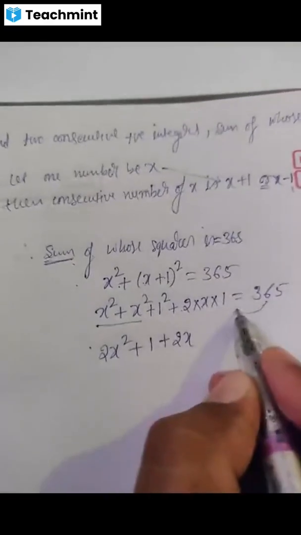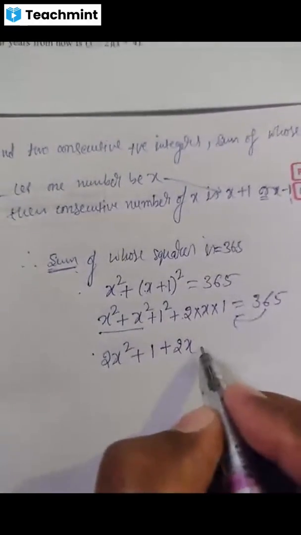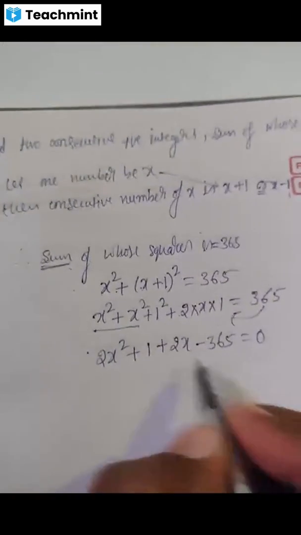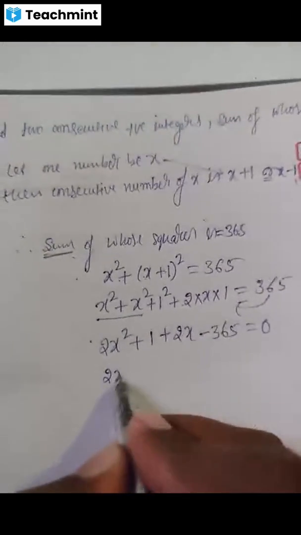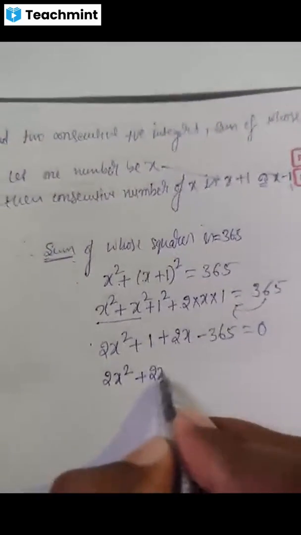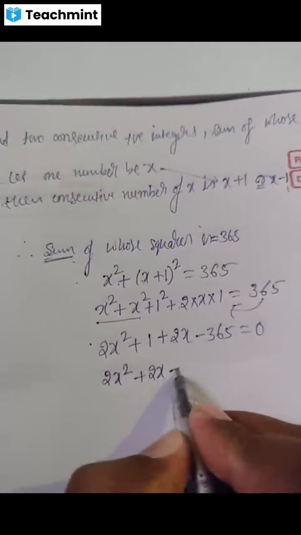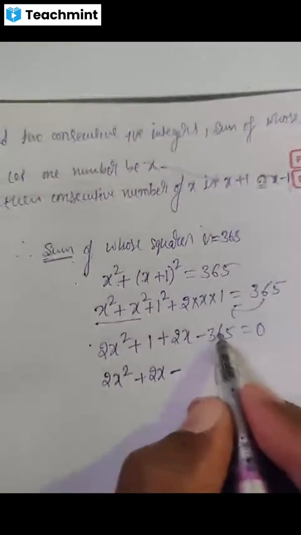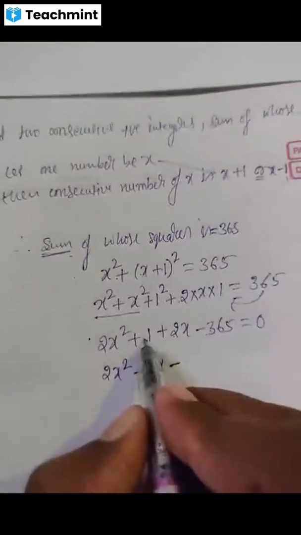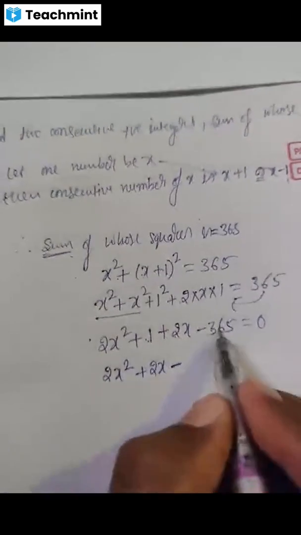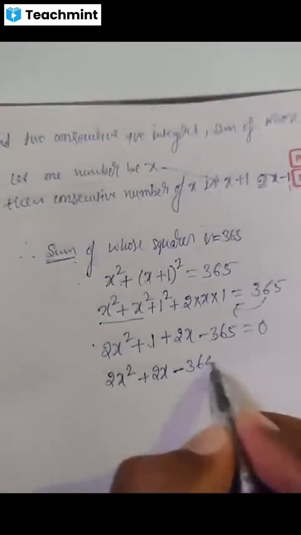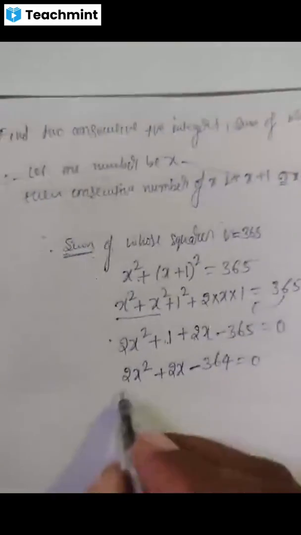If we bring this term to the left side, minus 365 is equal to 0. So 2x square plus 2x minus 365 plus 1. We subtract the smaller from the bigger: 365 minus 1 is 364, and the bigger number's sign is minus. So 364 is equal to 0.